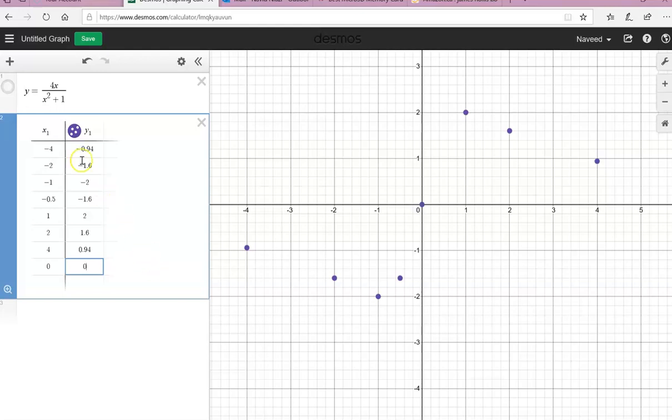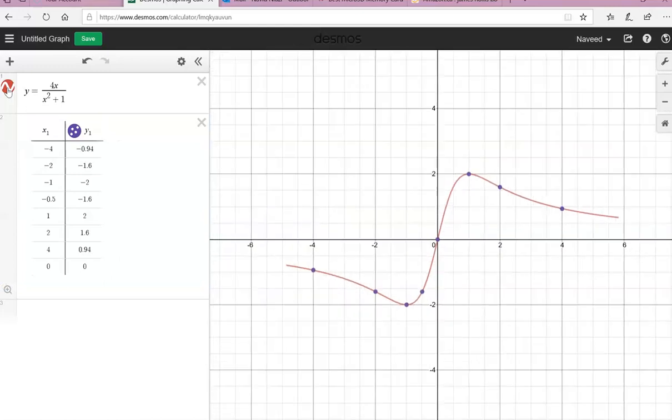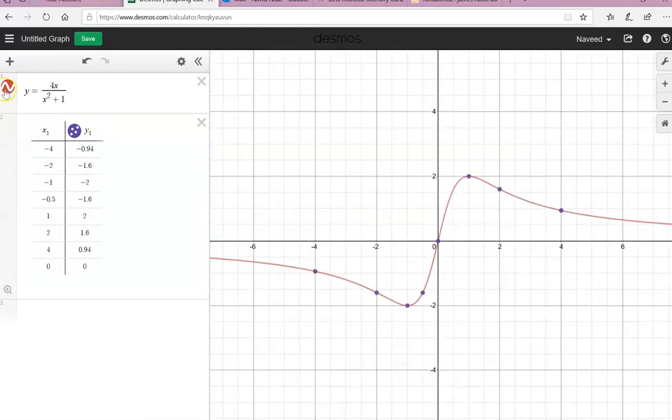When we click to graph, here it is. All right, and you can see that the graph doesn't have a vertical asymptote, because you cannot find non-permissible values for any values of x. X squared plus 1 can never be 0.